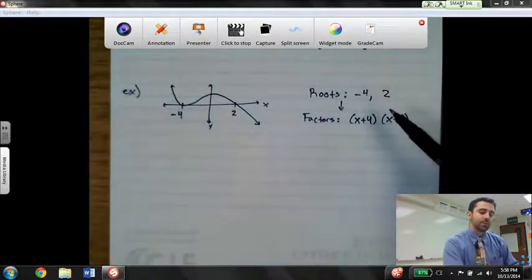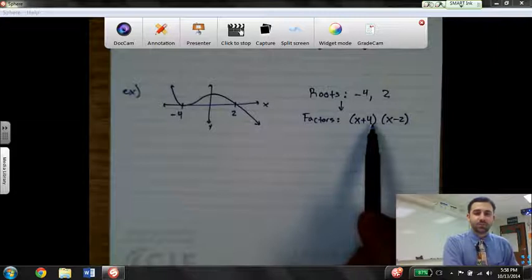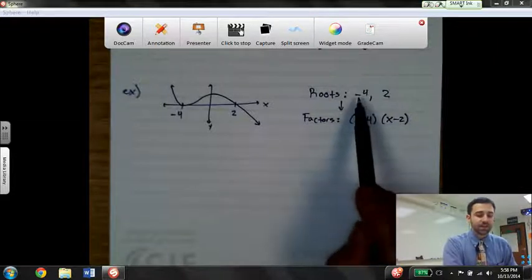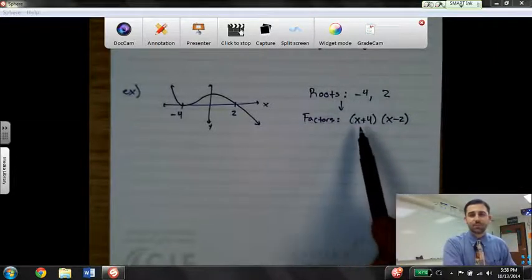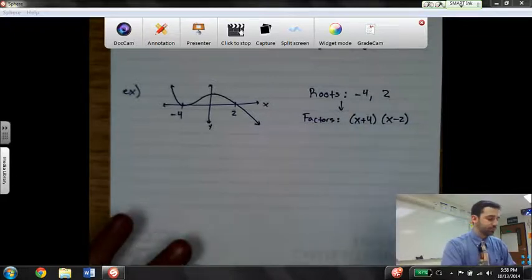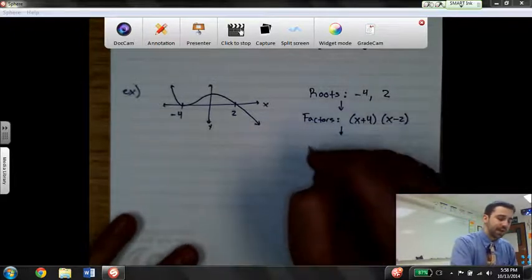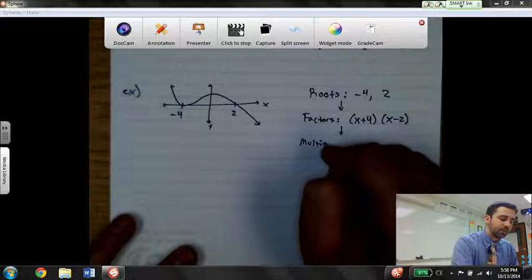Notice if I were to solve x plus 4 equal to 0 for x, I would get negative 4. It's the opposite of the root. And so from these factors, I have to add the multiplicity.